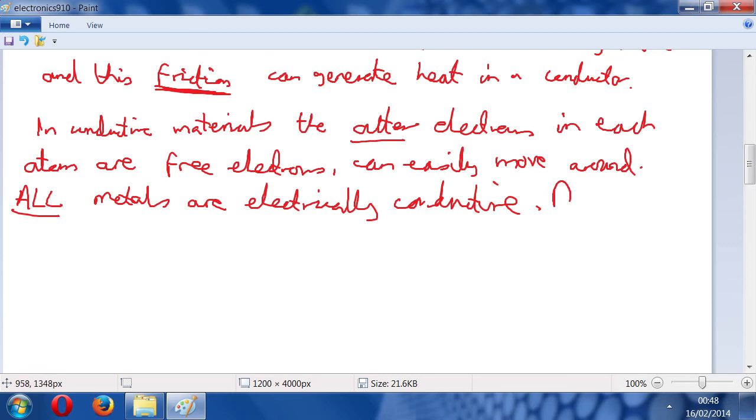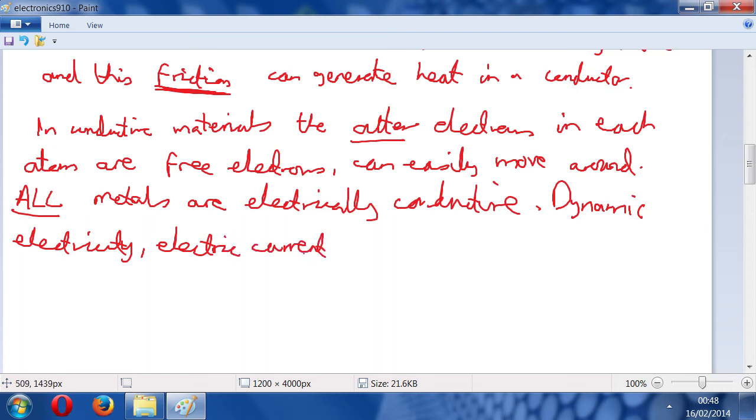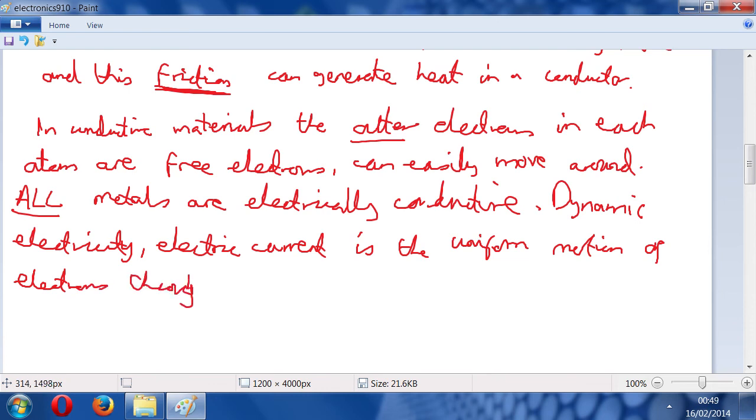And this dynamic electricity, as opposed to static electricity, dynamic electricity, also known as electric current, is the uniform motion of electrons through a conductor.